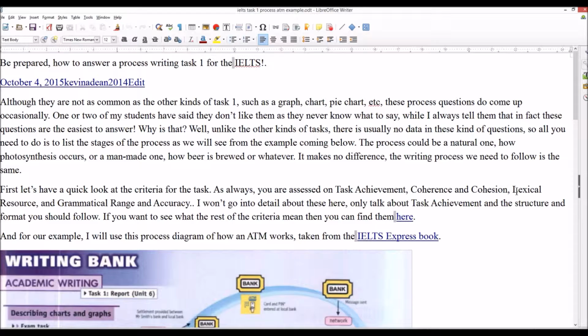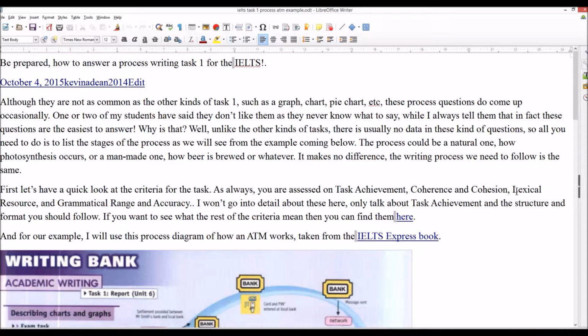There's a natural process, such as, I don't know, the life cycle of a salmon, or how rain is made, or something similar, or the life cycle of a moth, or whatever. So you've got the natural ones, then you've got the man-made ones.